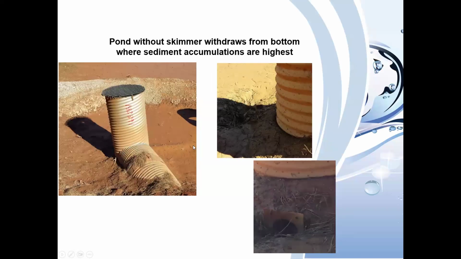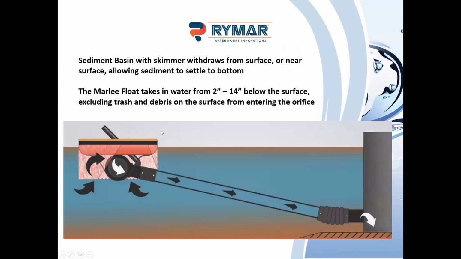All right, so for those of you that are new to skimmers, traditionally we used some sort of perforated riser, with a hole either at the bottom or a perforated pipe, and a check dam in front to help with sediment and erosion control. But the problem was we were pulling most of the discharge from the sediment basin from the bottom of the basin, where the sediment concentration is highest.